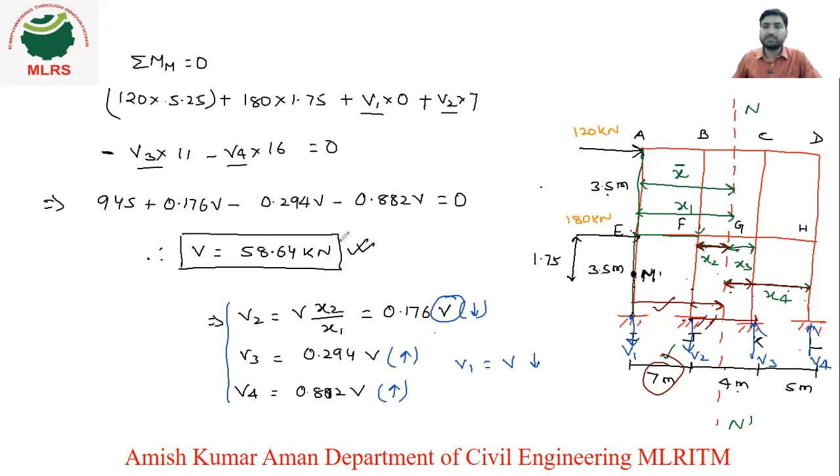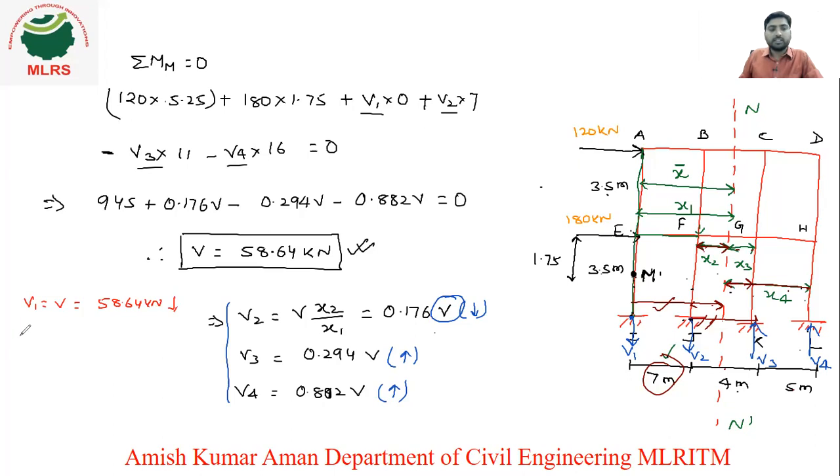By replacing this V value, we will calculate V1, V2, V3 and V4. So we got this V. We know V1 is equal to V, which is equal to 58.64 kilonewton. What direction?